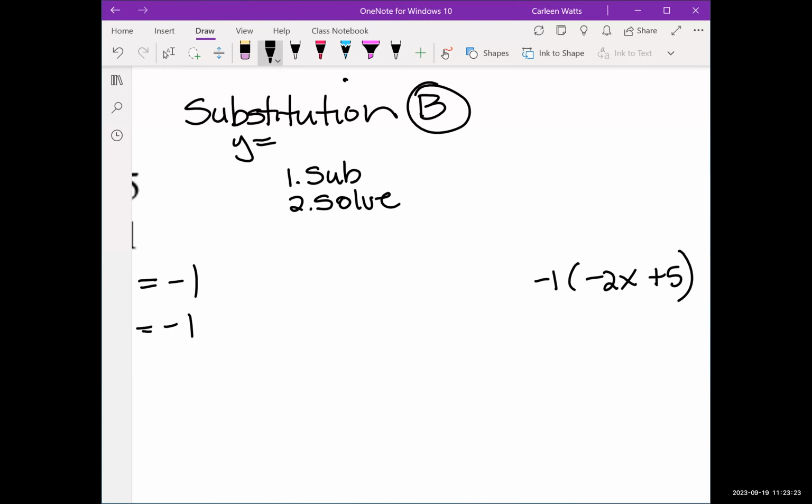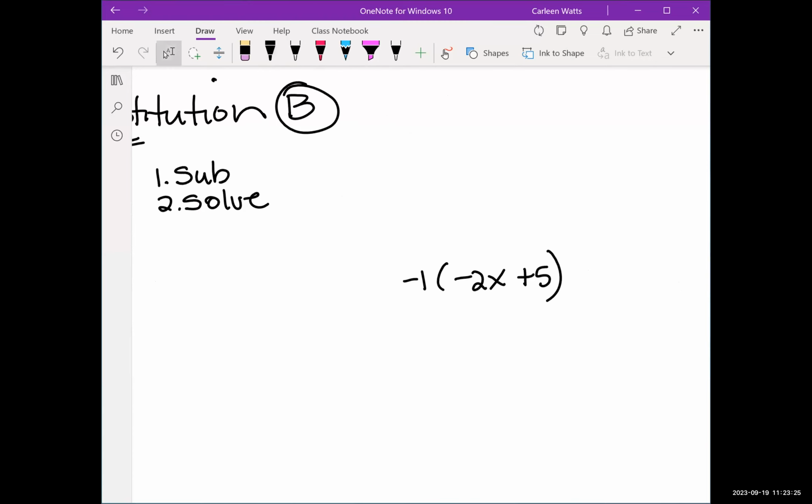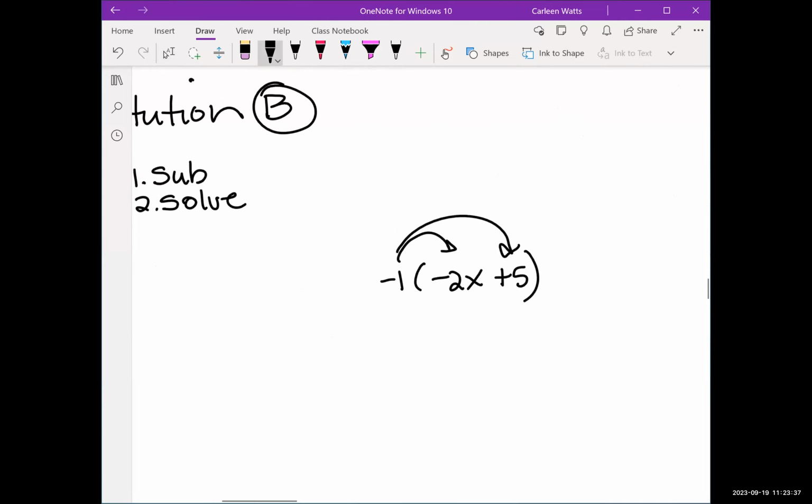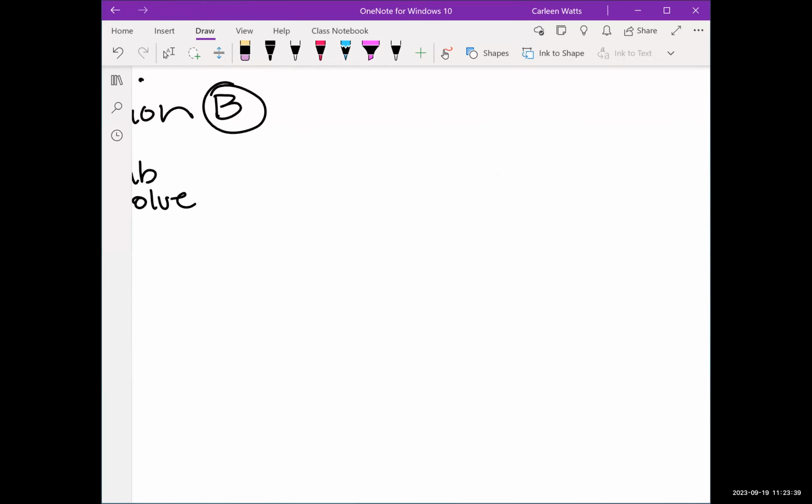If I want to distribute, what does that become? Oh, okay. Let's look at this. Now I've lost it. Wait, that was negative.